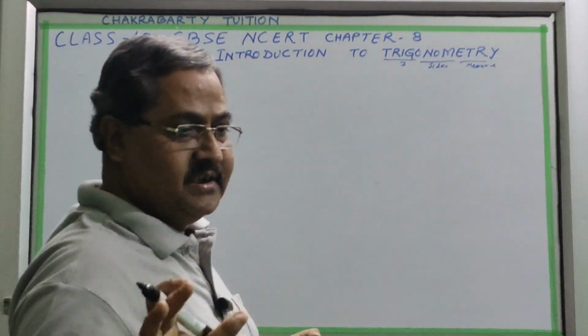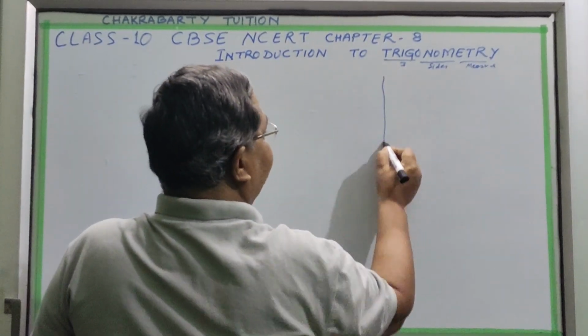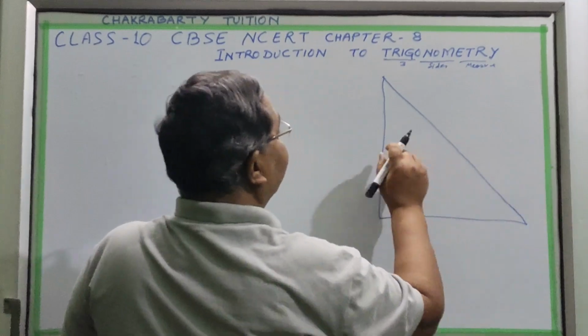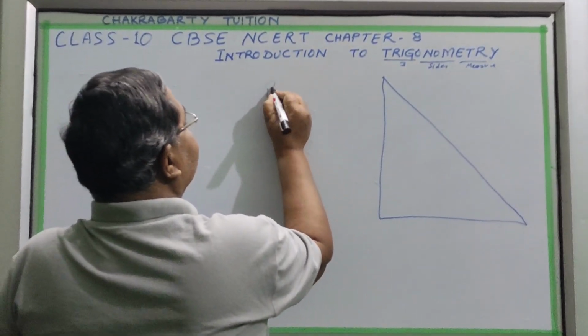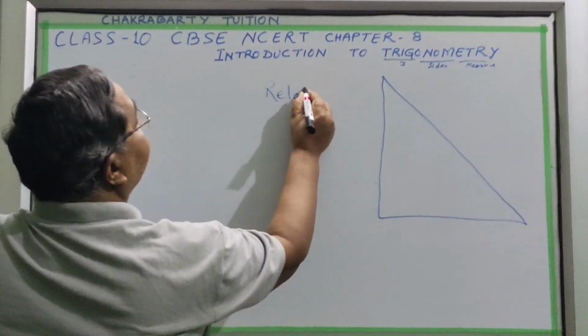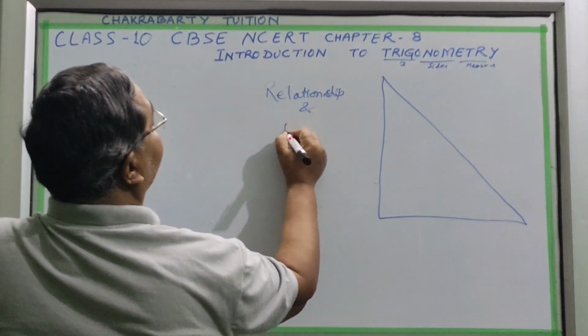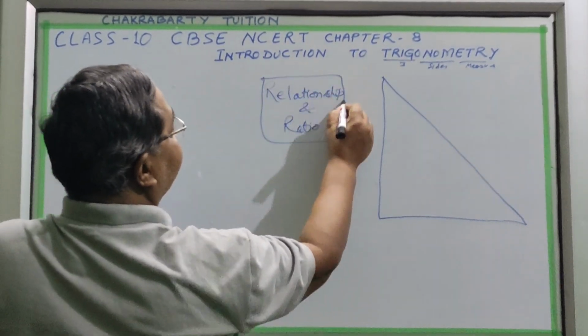So here we will study a right angle triangle, and its 3 sides, measurements, relationship and ratio. Okay, here we will study it.